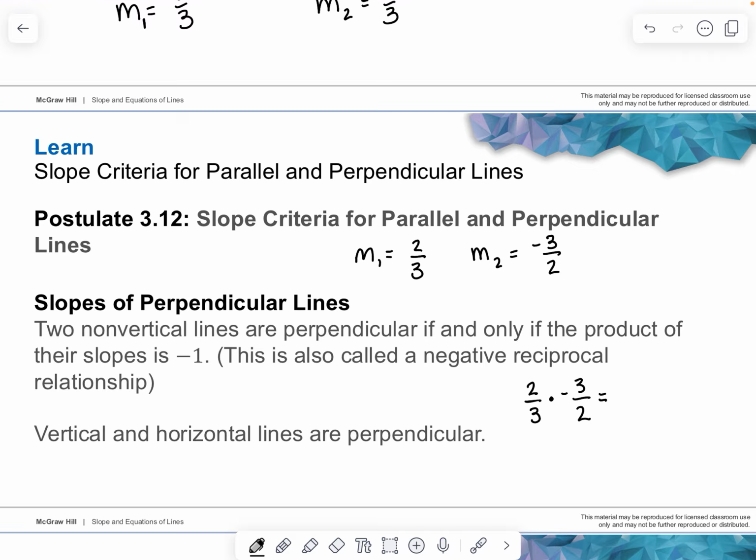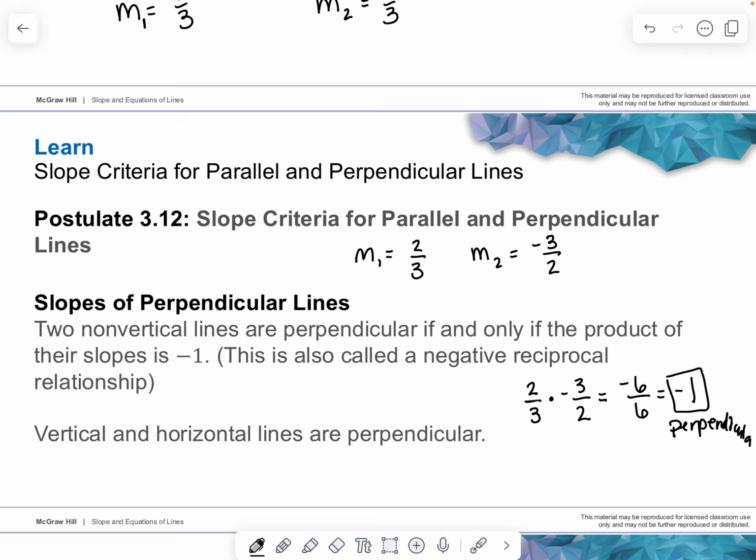We multiply across the top. 2 times -3 is -6. We multiply across the bottom, that's 6. And then we simplify, that's -1. And if we get -1, we know that they are perpendicular.